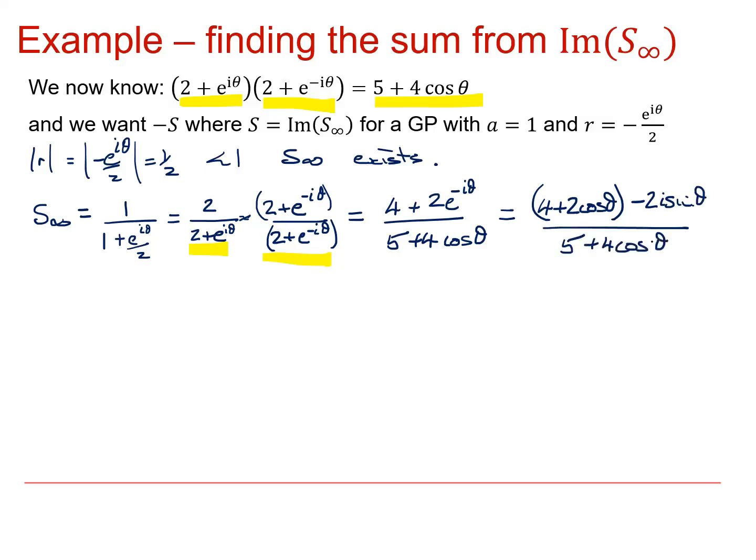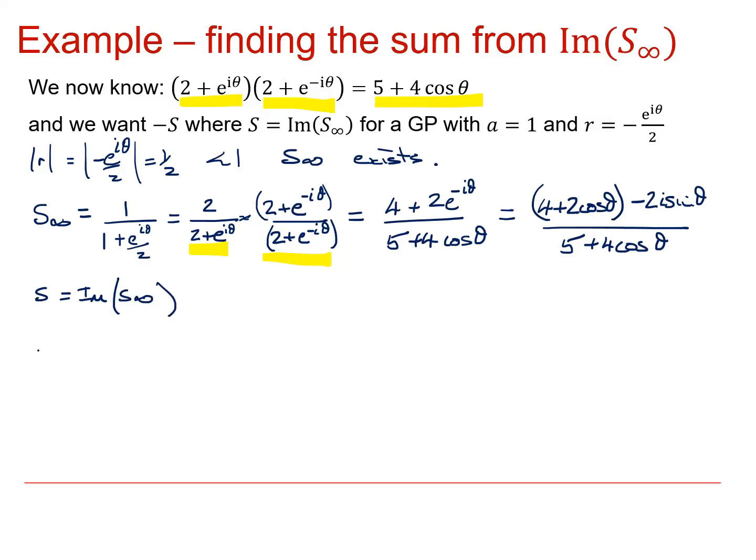Now the nice thing about that expression is I can split out the real part and the imaginary part with ease, and I want the imaginary part, remember, of this sum to infinity. So we know that S must be equal to the imaginary part of the sum to infinity.